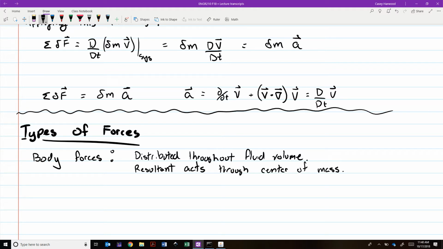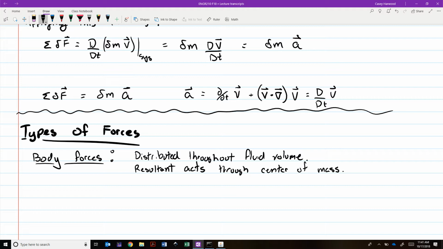So examples of what we would call body forces include things like fluid weight. Gravity pulls not just in a particular location in a fluid, but pulls on the fluid as a whole. Gravitational acceleration is throughout the fluid, and so where would we put the resultant force due to gravitational acceleration? Right at the center of mass, or the center of gravity.